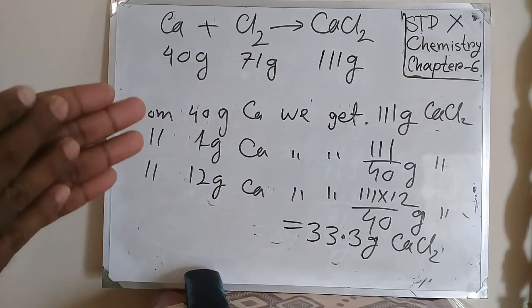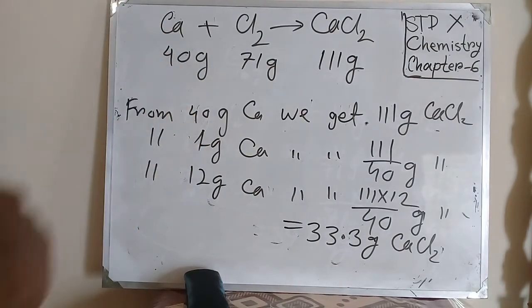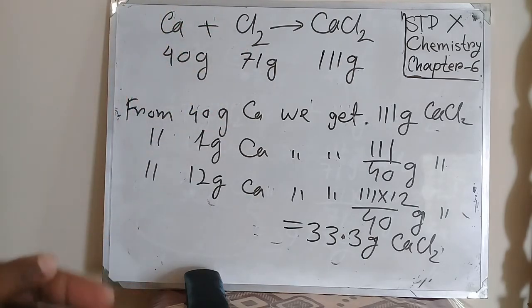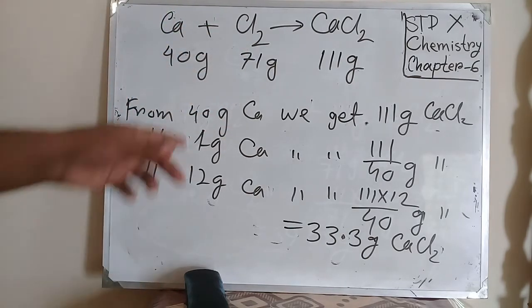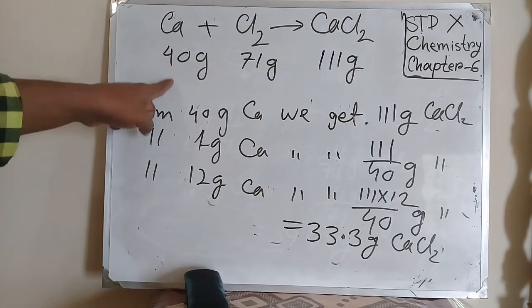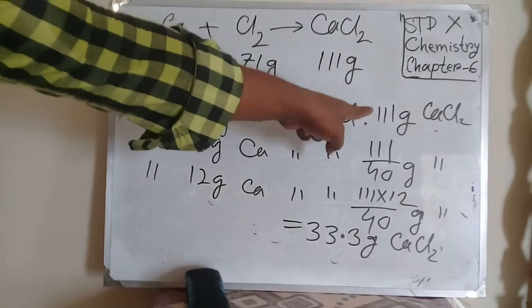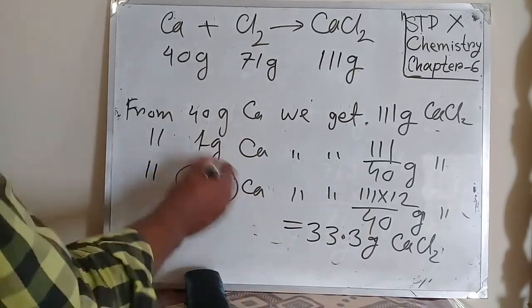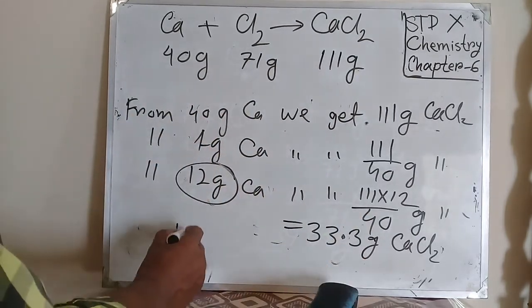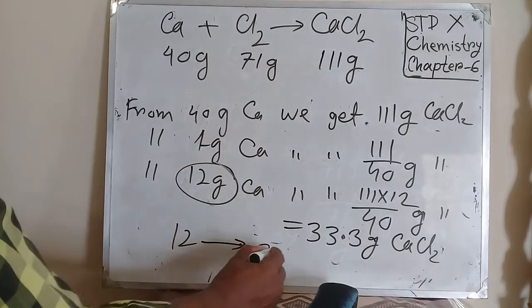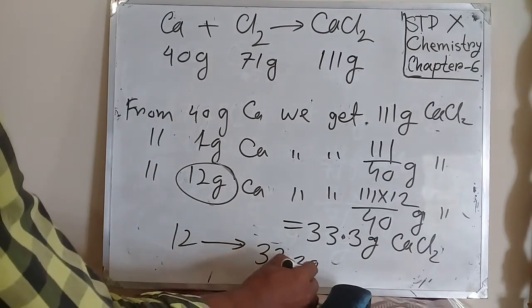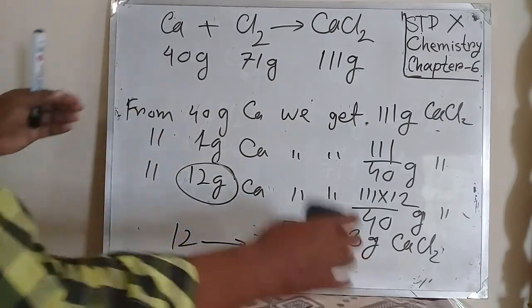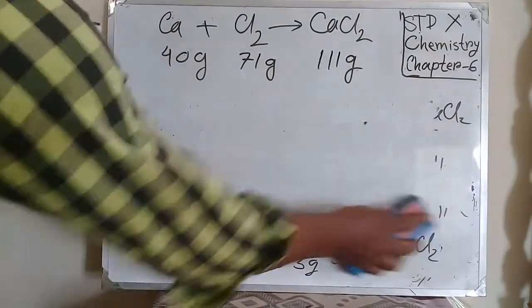If 25 gram is used up in the reaction, then we could get the expected amount. But 25 gram chlorine did not react, and from 40 gram we can get 111, but we had only 12 gram. So this is the reason why from 12 gram we get only 33.3 gram. So the proper amount of calcium was not taken.